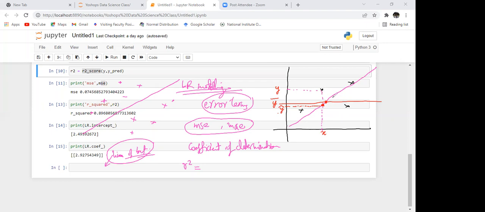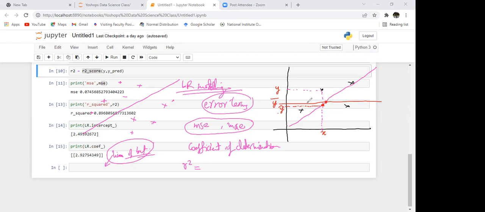Let us focus on this first. Using your simple linear regression, you have obtained this line of best fit for this data set. If this is your line of best fit, then for this X, you have this predicted value for Y.